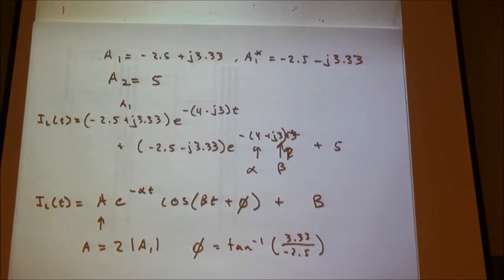This winds up being a complex conjugate, a complex number times its complex conjugate. Remember, when a complex number is multiplied by its complex conjugate, you get the magnitude squared.